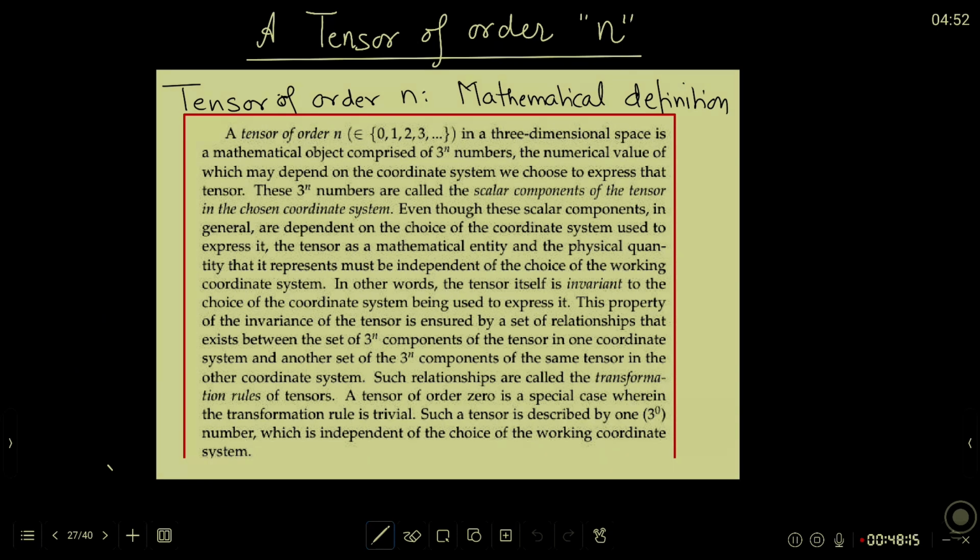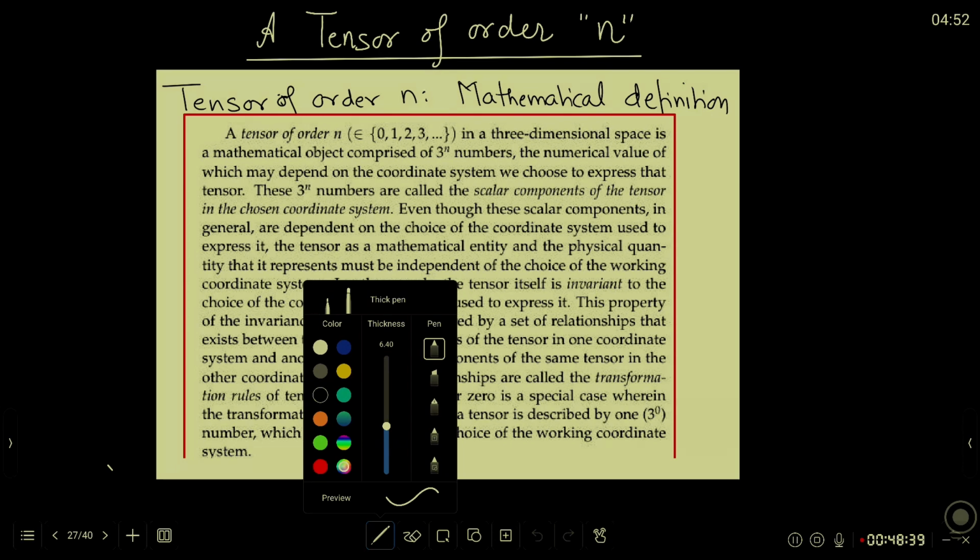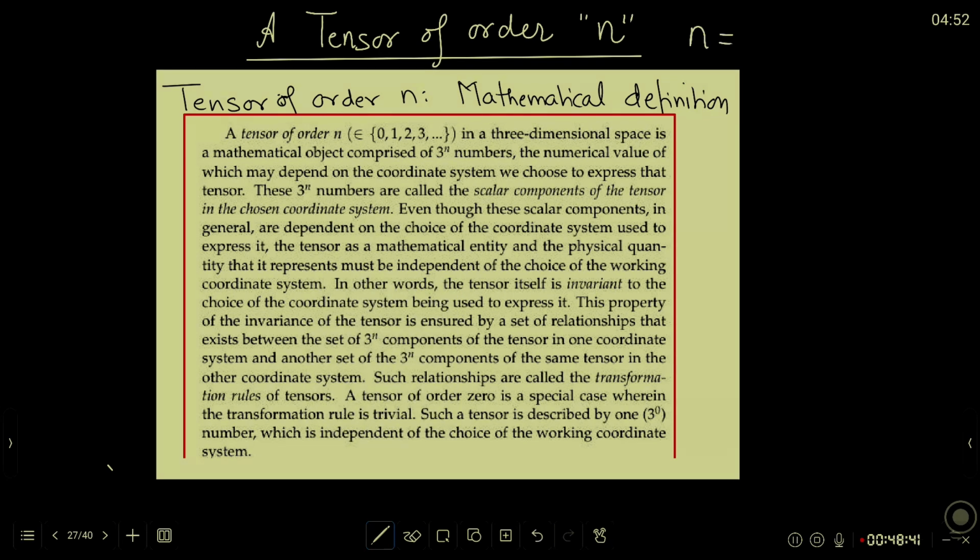Inertia tensor is the second order tensor, but tensor can be of any order, where n goes all the way from 0 or 1 or 2 or any positive integer including 0, so I should say any positive whole number.